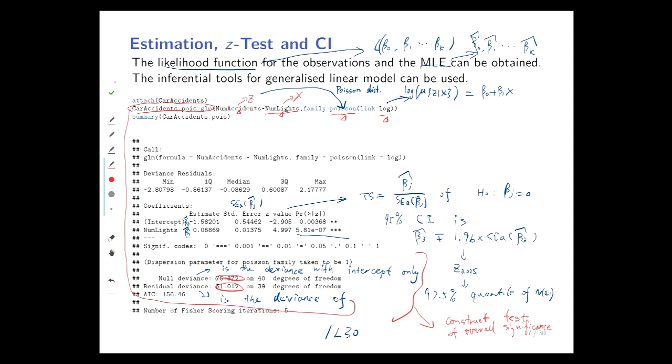Even though I have repeated these 2 figures many times in this course, and they are also asked about in your assignment, basically, the null deviance is the deviance of the model with the intercept only.